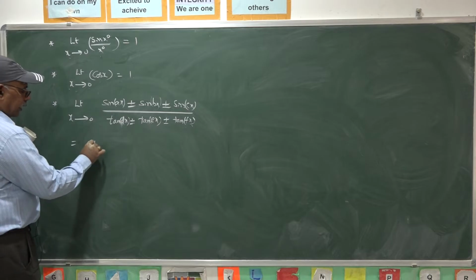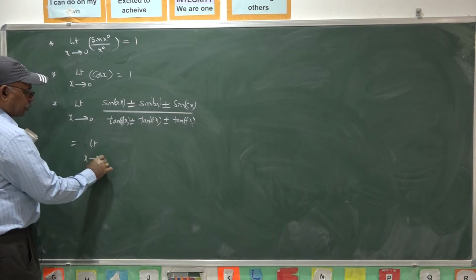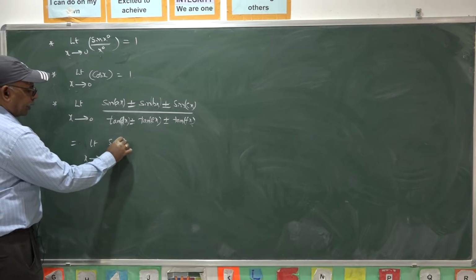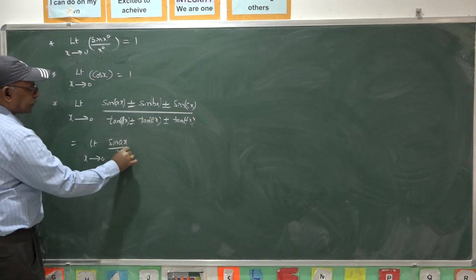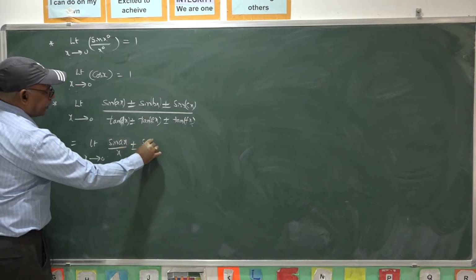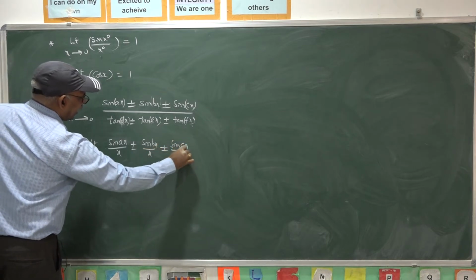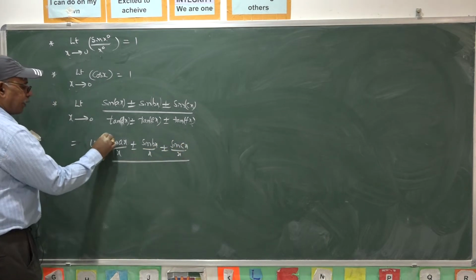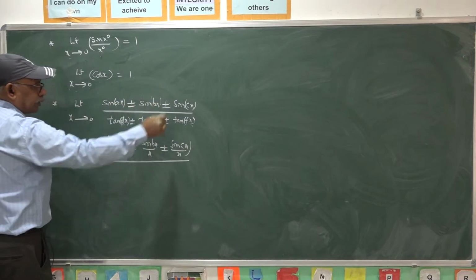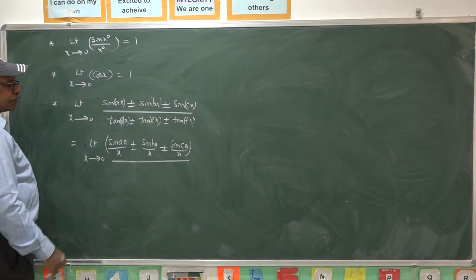You can write it as limit as x goes to 0 of sin ax by x plus or minus sin bx by x plus or minus sin cx by x, just dividing the terms of the numerator with x.